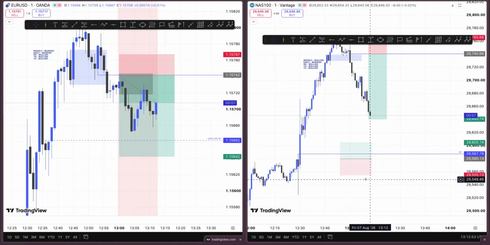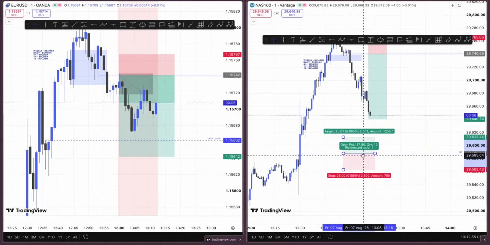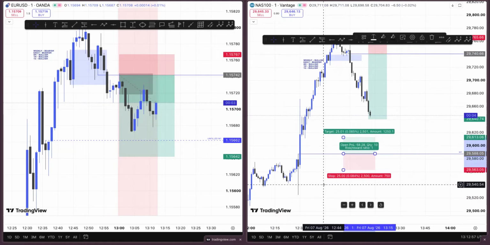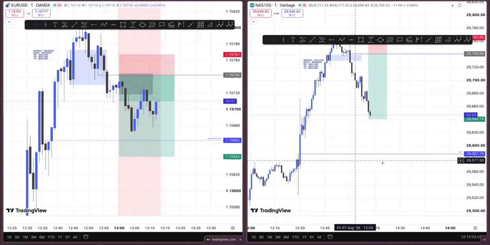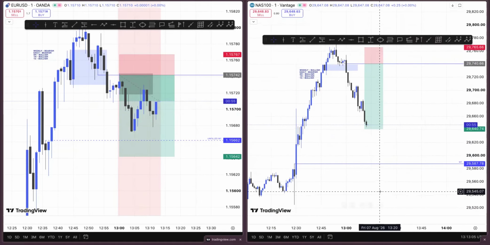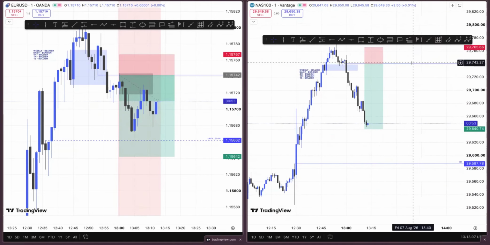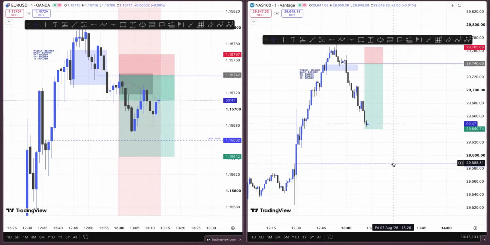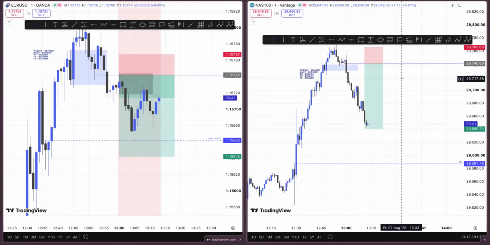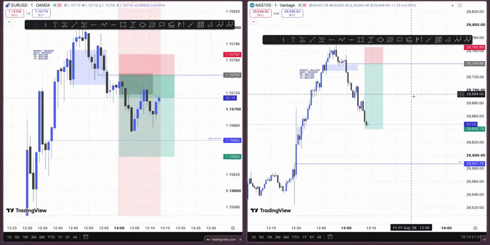So if my stop loss is to be here and price comes into this area and then gives the move, then I'll be stopped out. So I might not take this buy from here, but I'll be looking forward to the sells. If the sells don't get triggered and this demand gets triggered first, then I'll hold on NAS100. Maybe I might not even trade NAS100 today. So let's see how it plays out.